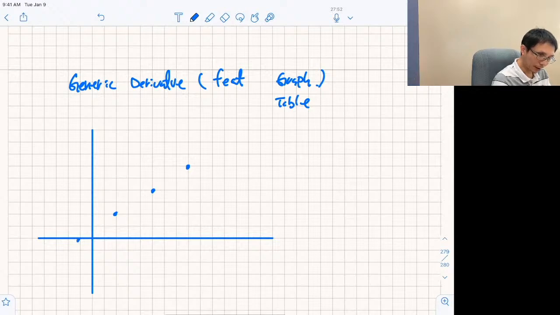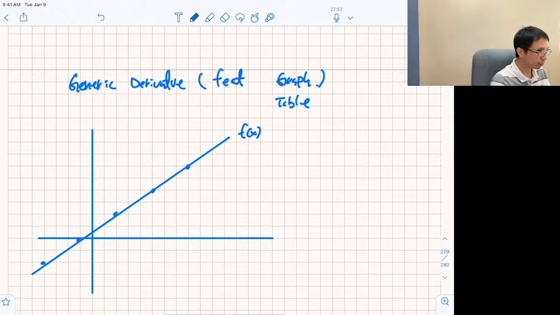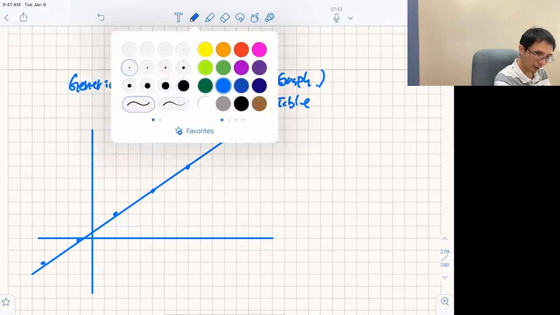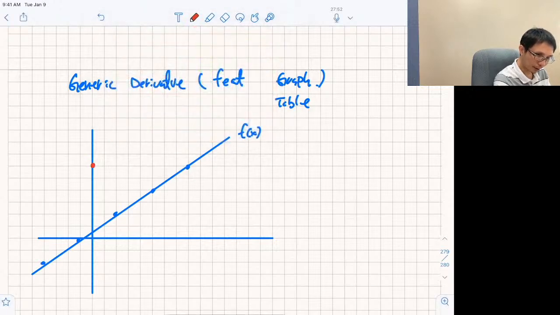Let's just say this line is f of x, and this one is a red line like this, and we can call it g of x.